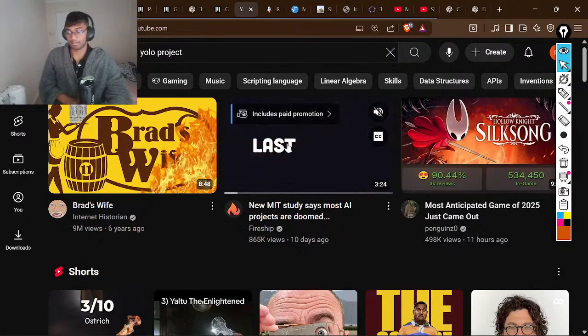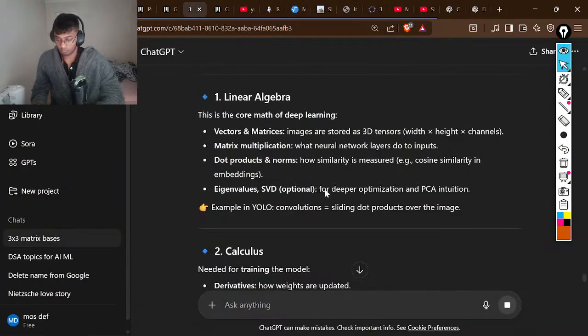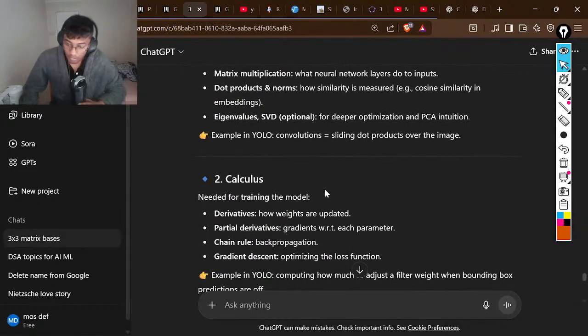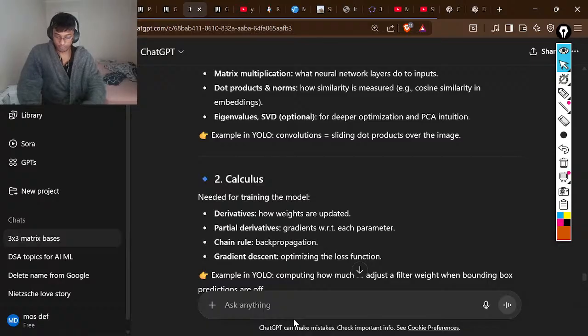Yeah, guys, don't rely on AI, obviously. Calculus needed for training the model, derivative.